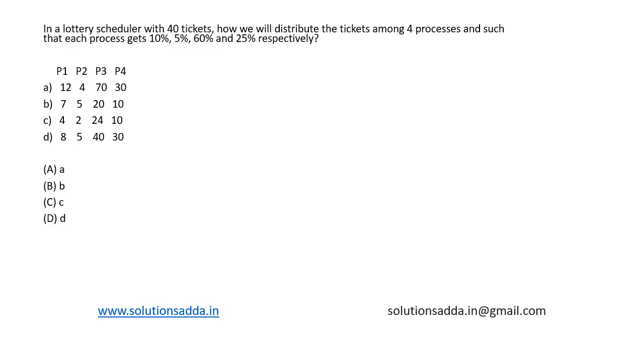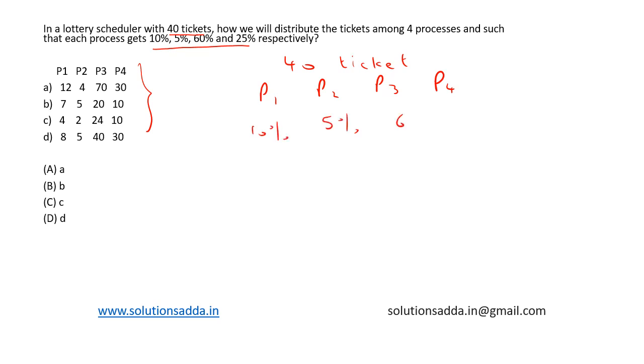This is a question from operating system. In a lottery scheduler with 40 tickets, how we will distribute the tickets among 4 processes such that each process gets 10, 5, 60 and 25% respectively. And the options are given as follows. So we have 40 tickets and the processes are P1, P2, P3 and P4. So this gets 10%, this gets 5%, P3 gets 60% and P4 gets 25%.